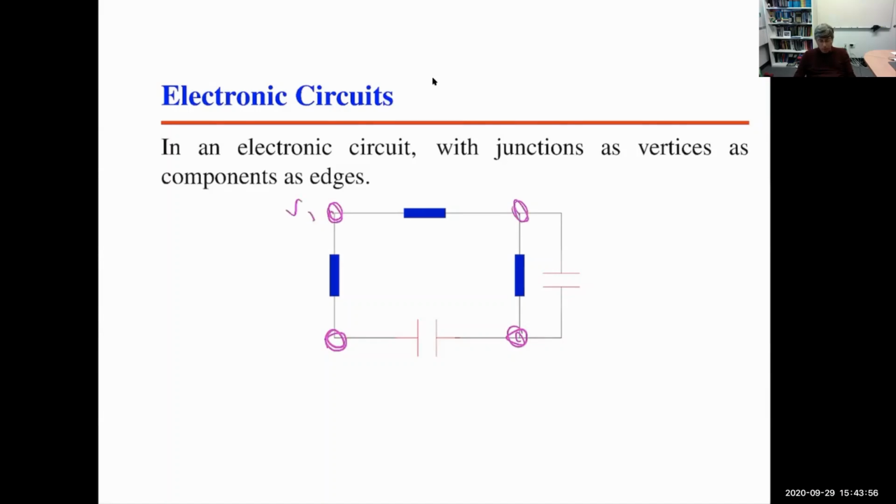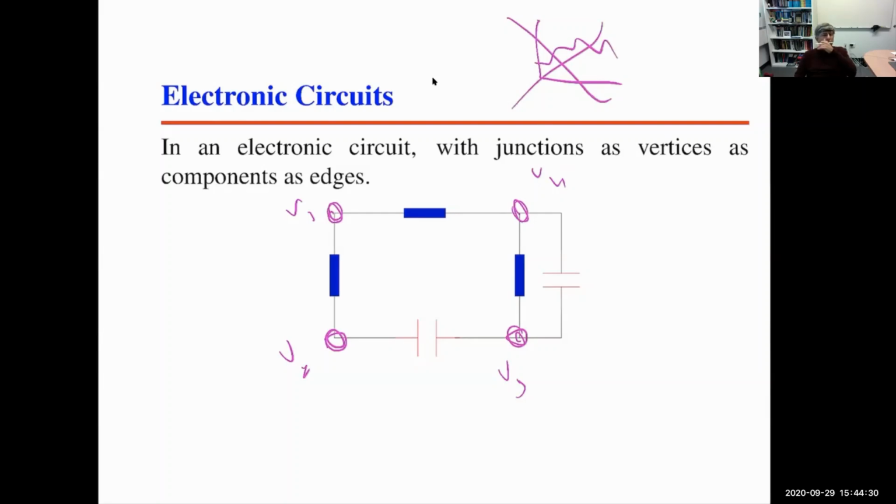And so I've got 4 vertices: V1, V2, V3, V4, and then there are edges between certain pairs of vertices, and each edge represents an electrical component. Does everybody see that? This could be thought of as a 4-vertex graph network. Well, graph, I like graph. I don't mean this, but I call them graphs.